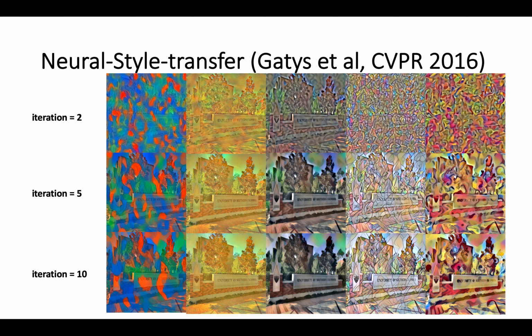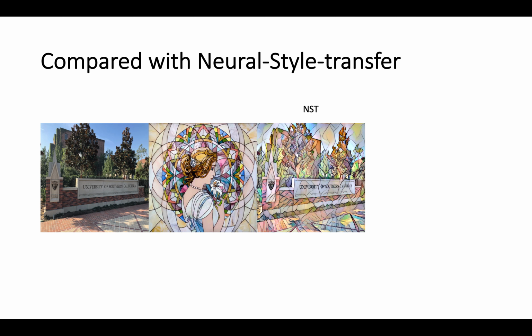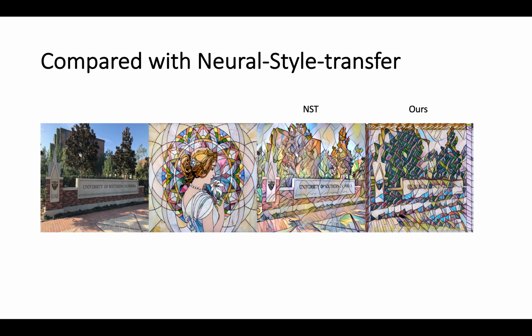Here are the results from the same content image and style image. We trained for 10 iterations for each output, and it took about 10 minutes on AWS. This is the comparison of our modified fast style transfer model versus the original neural style transfer model.